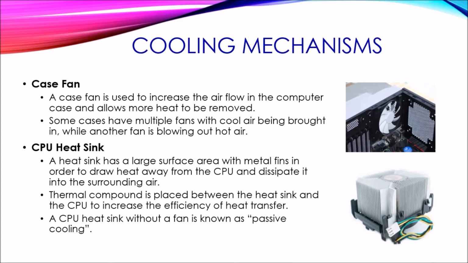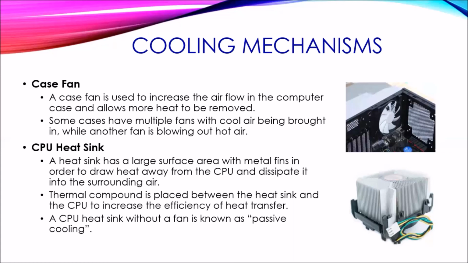Some cases have multiple fans with cool air being brought in while another fan is blowing out hot air. CPU heatsink. A heatsink has a large surface area with metal fins in order to draw heat away from the CPU and dissipate it into the surrounding air.